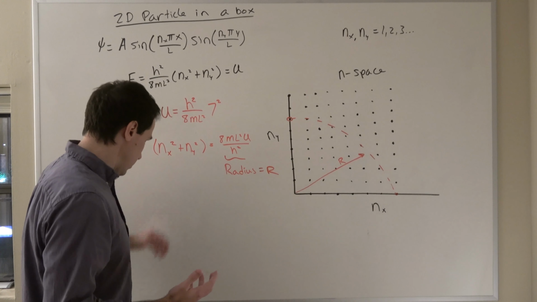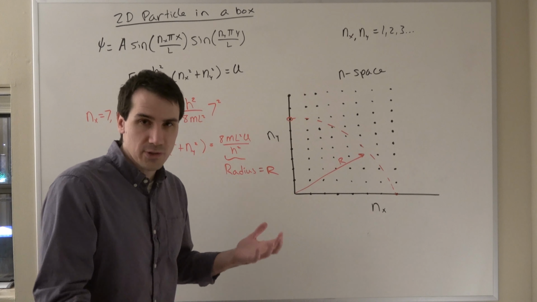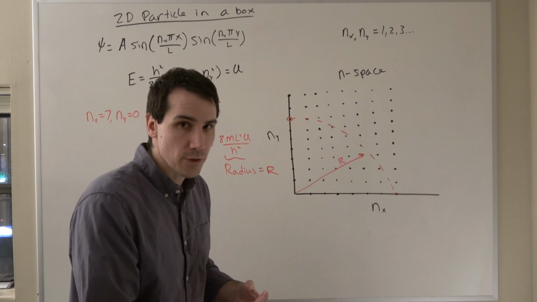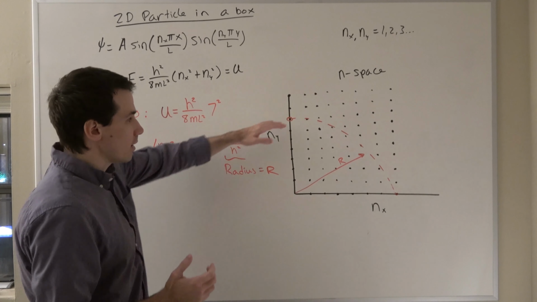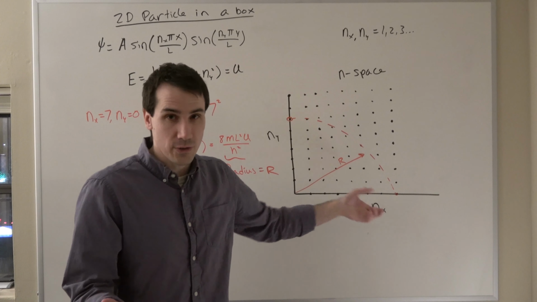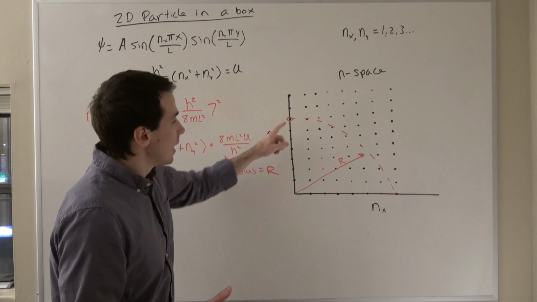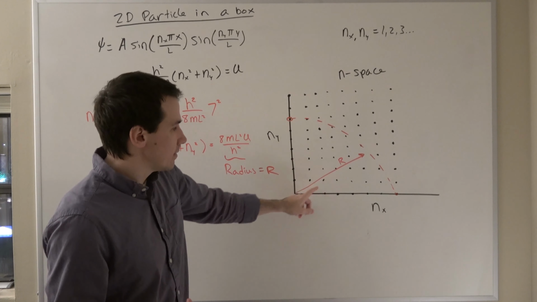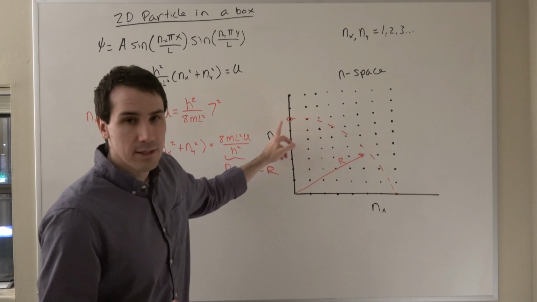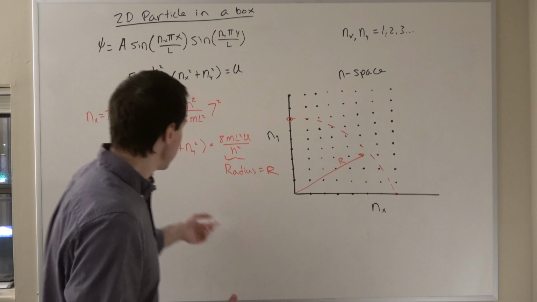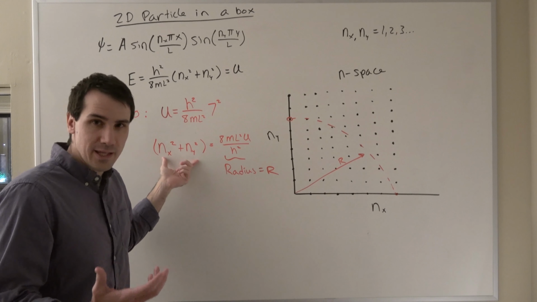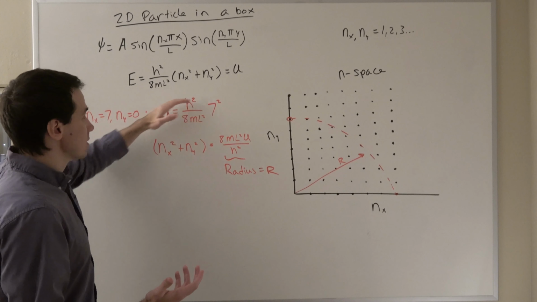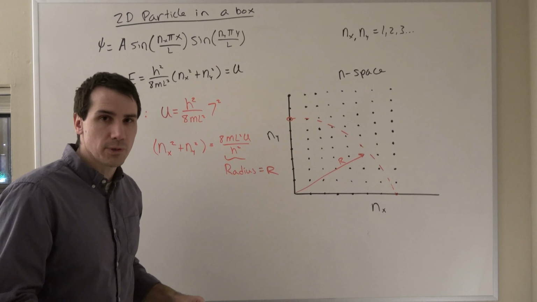And so if I have an equation that looks like x squared plus y squared equals constant, that is the equation of a circle. So I can draw that circle, or the quarter of the circle that lies in the first quadrant, here. Any point that lies along this quarter circle must have the same value of nx squared plus ny squared, and therefore must have the same energy, because the energy is just constants multiplied by nx squared plus ny squared.